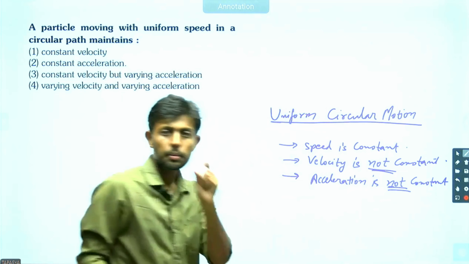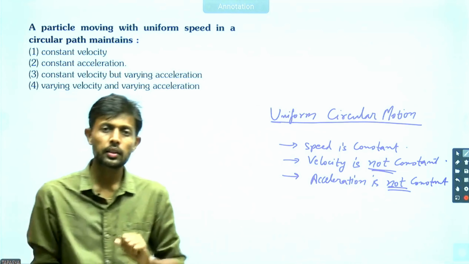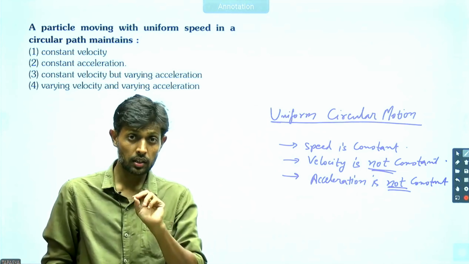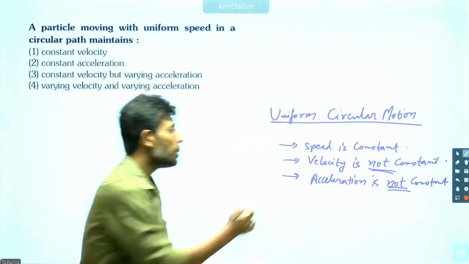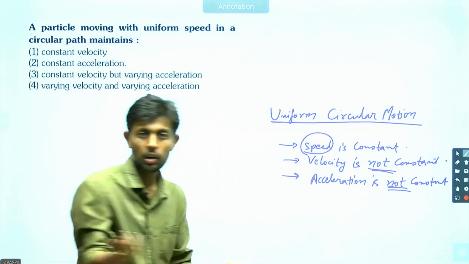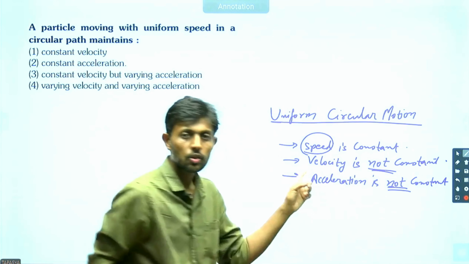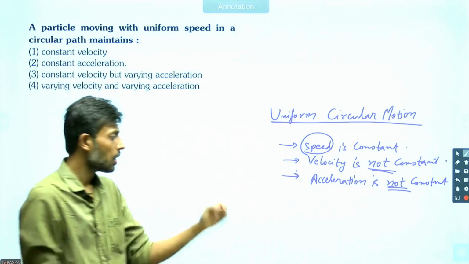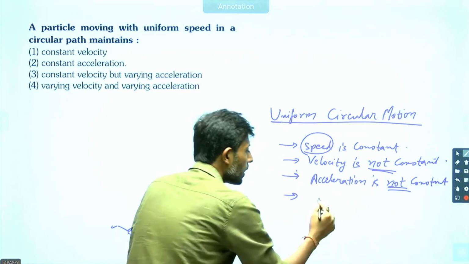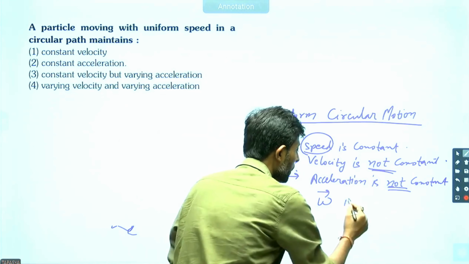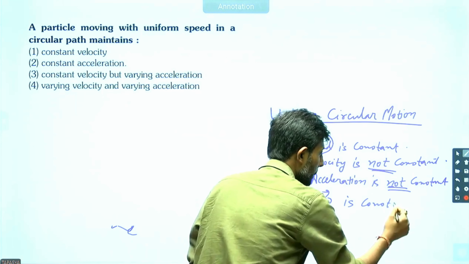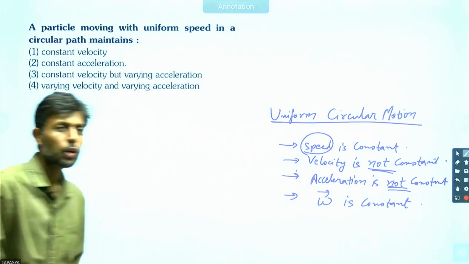If they simply ask about the magnitude of acceleration, then we can say, okay, fine, that is constant. Magnitude of velocity, yes, that is constant. Magnitude of velocity is speed, we all know that. Velocity is not constant, acceleration is not constant. But we saw that angular velocity, this entire vector, is constant. So what can we say now?